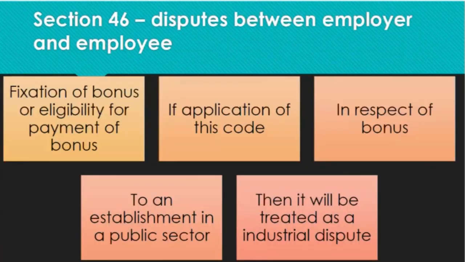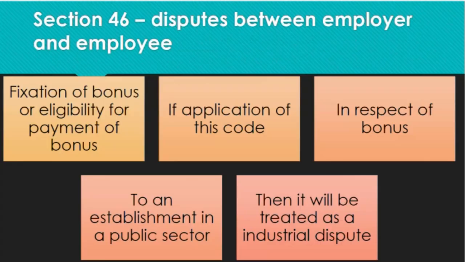So, all disputes that can arise between the employer and the employee will be raised to this authority. There can be disputes on payment of bonus, fixation of bonus, eligibility for payment of bonus, whether this code is applicable or not. Okay, and in respect of wages, minimum wages, what is wages, whether a particular allowance has to be included in wages or not.